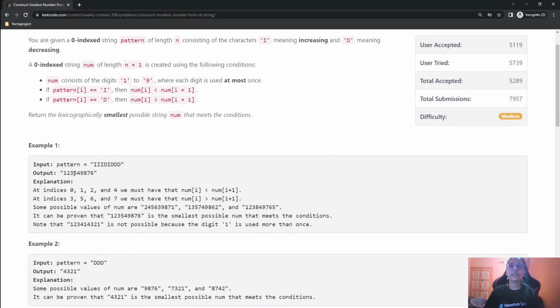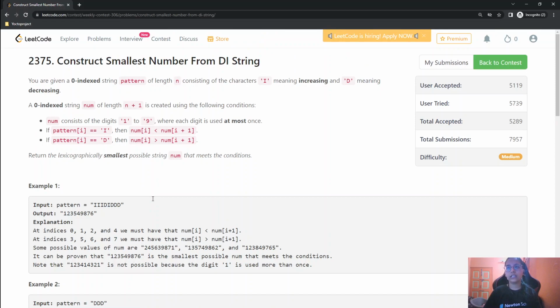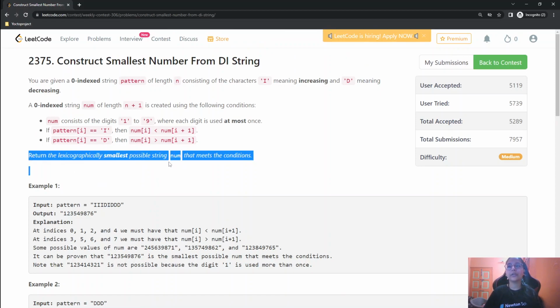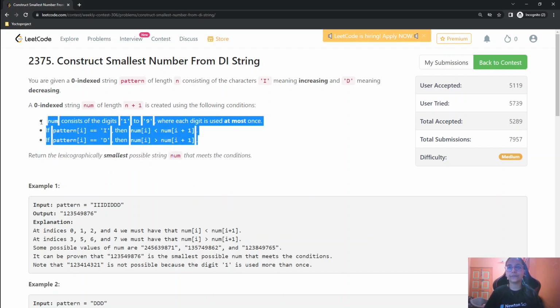But that was not giving us the right answer, because they require something different. And we are also required to return the lexicographically smallest possible string num that meets these conditions.